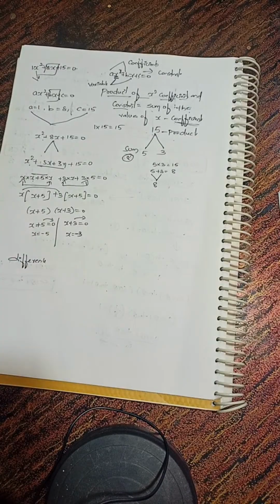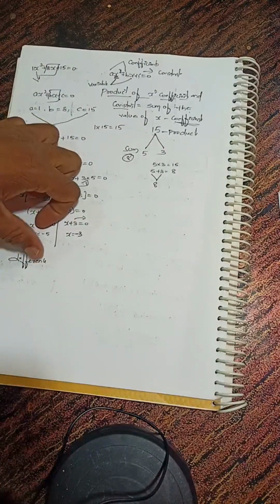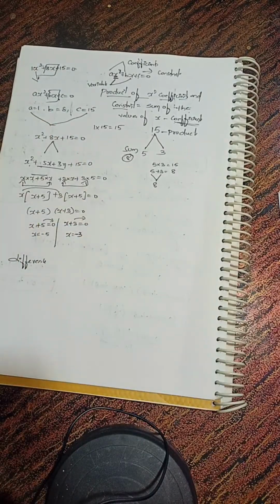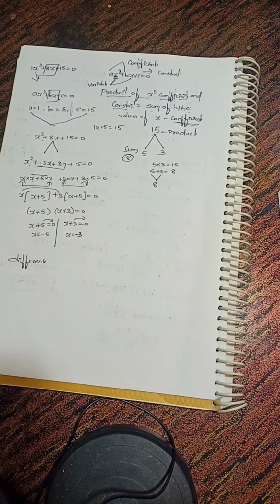If anyone knows the answer, please tell me what is the difference between the roots, these two values. Anyone can answer. We have to find out the difference of the values, how much you are going to get. What is the value we are getting for the difference of the roots?